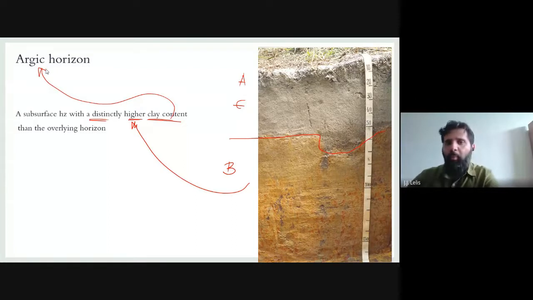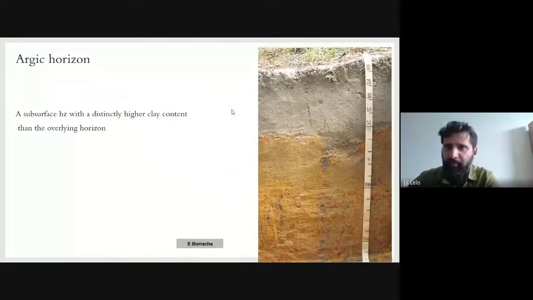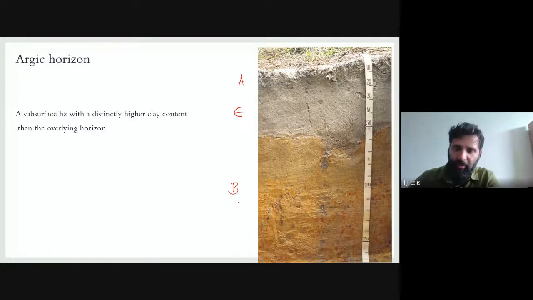Why is this important to us? It's very important and interesting to understand that this kind of diagnostic horizon presents different soil properties in comparison with the overlying horizons. For example, in this case, we have a sandy A and E horizon, and we have a clay B horizon.